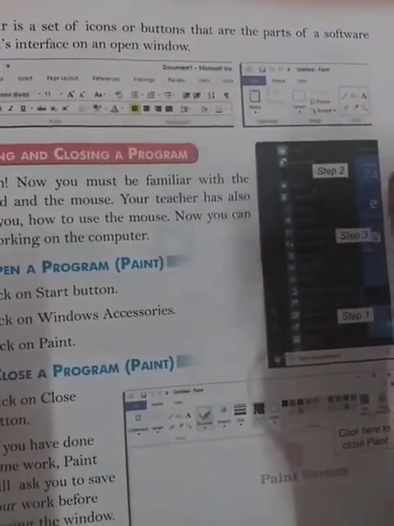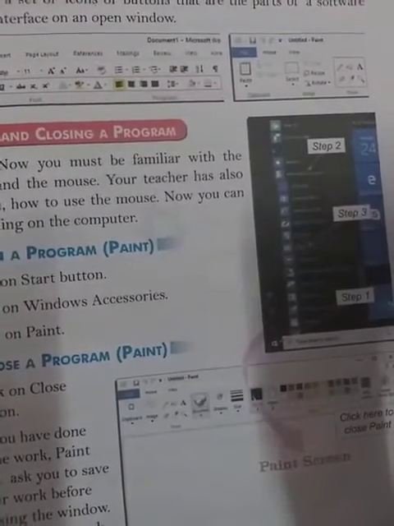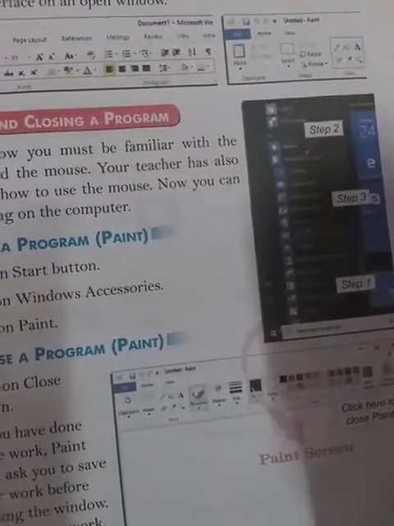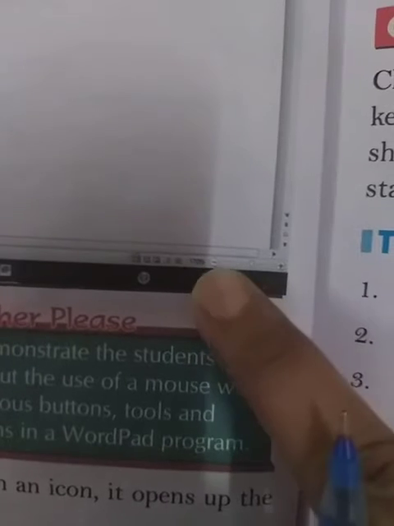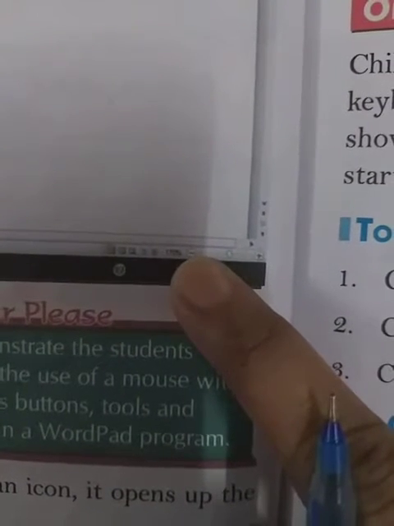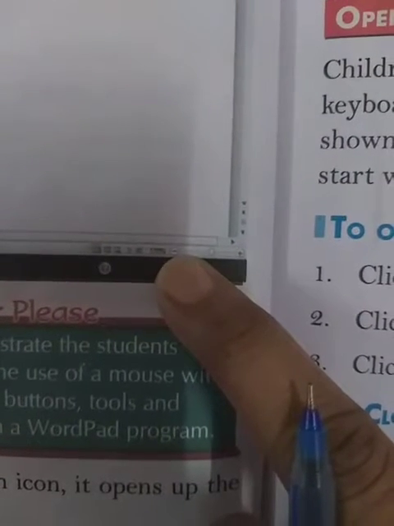Tools means in your computer there is the pick tool. Pick tool is used to pick any items. When you click the zoom, see this. This is your zoom. When you press the minus sign, it will go smaller and smaller.